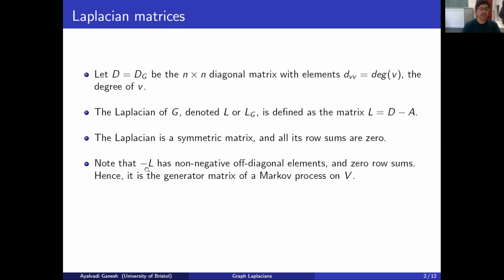Okay, so now if we look at minus L, L has positive entries on the diagonal, negative off the diagonal, and minus L is the other way around. So it has non-negative off diagonal elements, and its row sums are 0 as well. And we recognize what a matrix of this form is. It's the generator matrix of some Markov process on the state space, which is here the vertex set V.